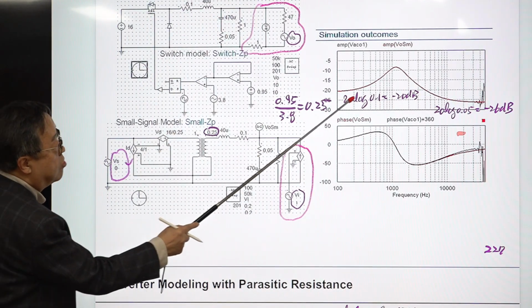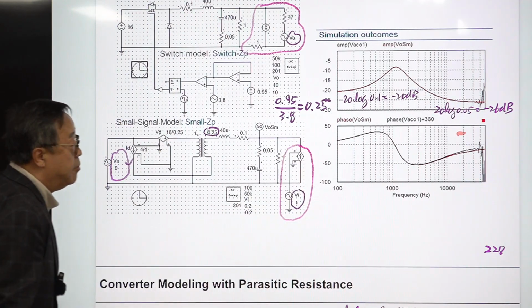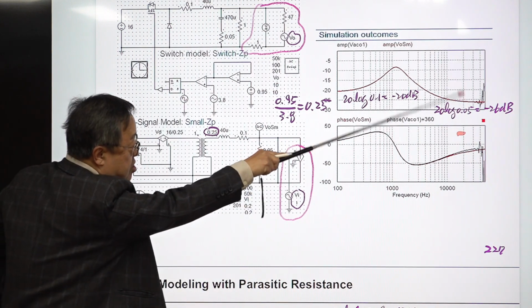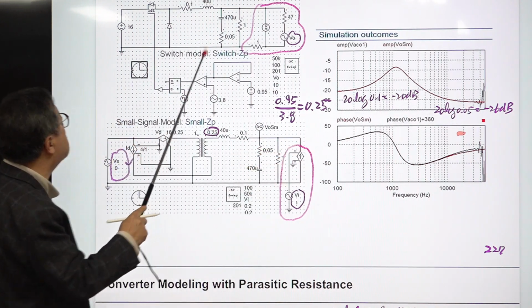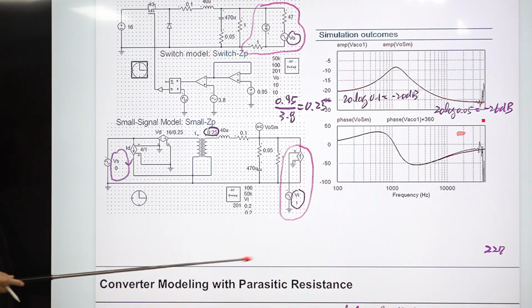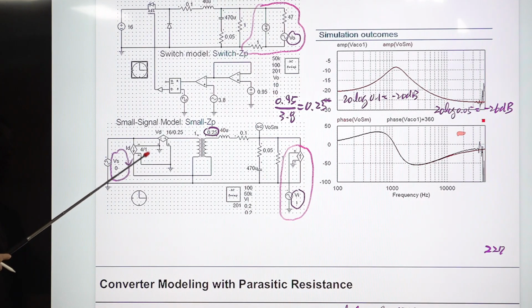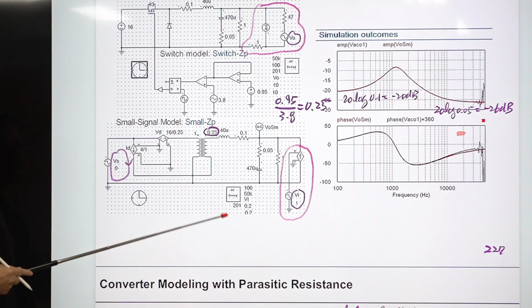And this one with the noise is the switched model, and this continuous red curve is the ideal small signal model. Okay? Right? Small signal model. Okay? Understand?